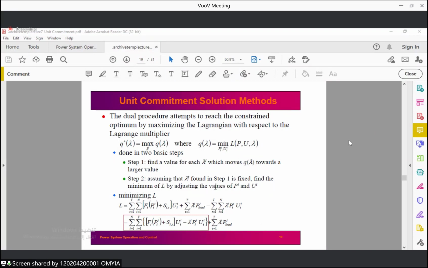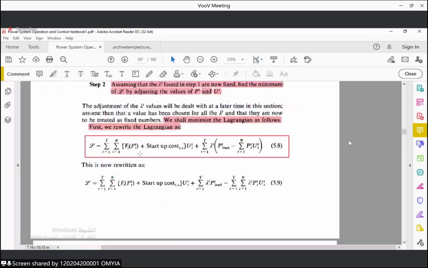So let's minimize the Lagrangian. This is the equation of the Lagrangian: summation t equals 1 to T, summation i equals 1 to n, Fi(Pi) plus startup cost multiplied by the unit state Ui(t), plus summation t equals 1 to T, lambda t multiplied by (P load minus summation i equals 1 to n Pi Ui).